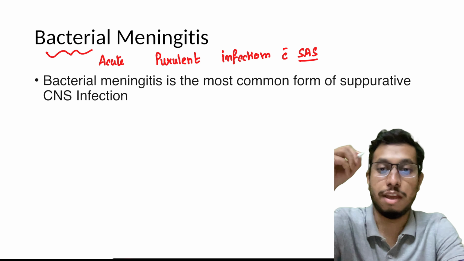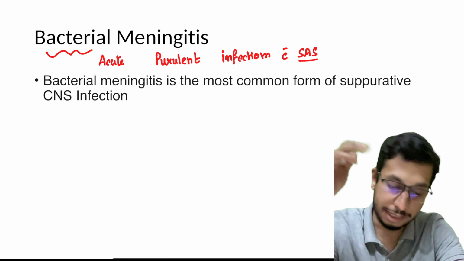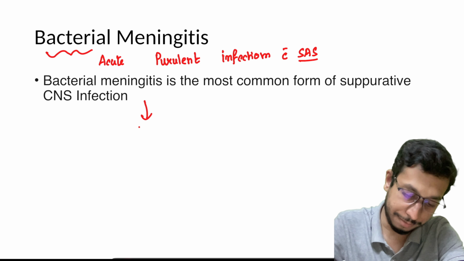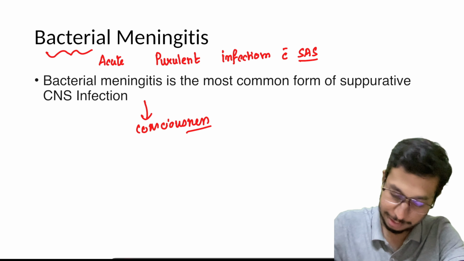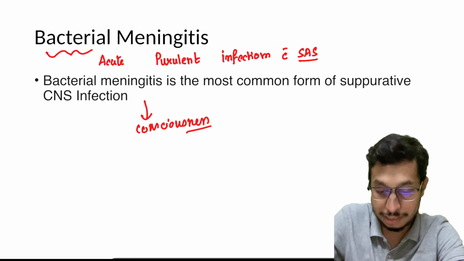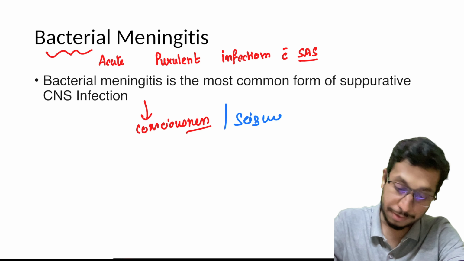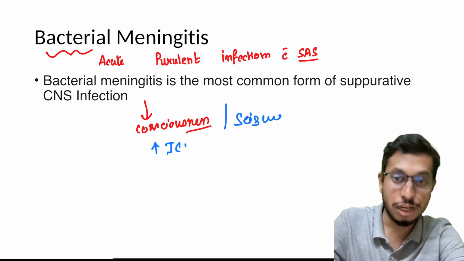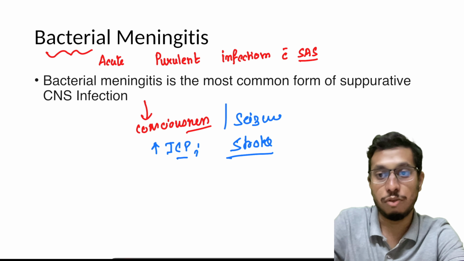All right. So it is associated with a CNS inflammatory reaction that may result in decrease in the level of consciousness in the patient. Sometimes seizure can be seen. Sometimes there will be signs of raised intracranial pressure, and sometimes stroke-like episodes can be there too. Okay.